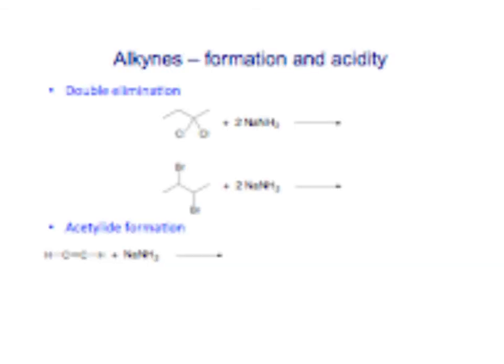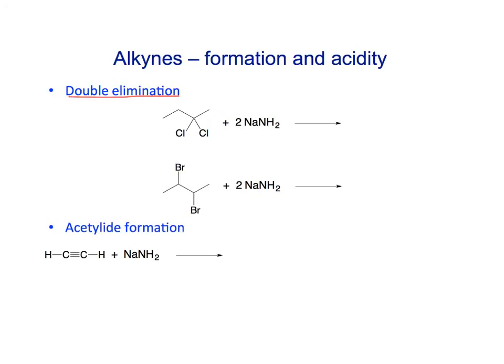Before we get into the acetylide reactions further, let's just look at some ways to actually make alkynes. So we have 2 ways. They're both related, and they involve a double elimination reaction.